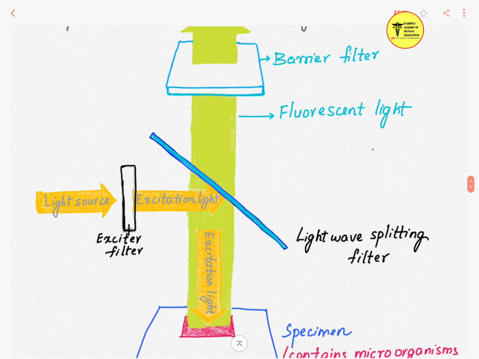Here you can see the high intensity light source, which excites a fluorescent agent, which in turn emits a low energy light of a longer wavelength that produces the image.